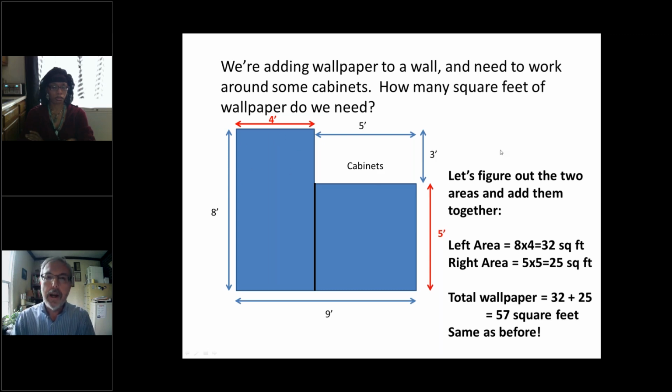So there's all kinds of ways that you can solve this problem, and no matter which way you choose, you should end up with the same answer, and so that would be 57 square feet. So good. We got a couple of ways to do that one.